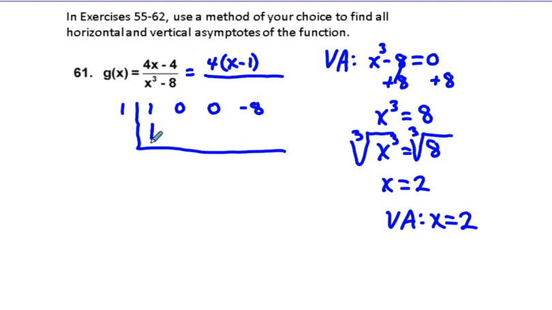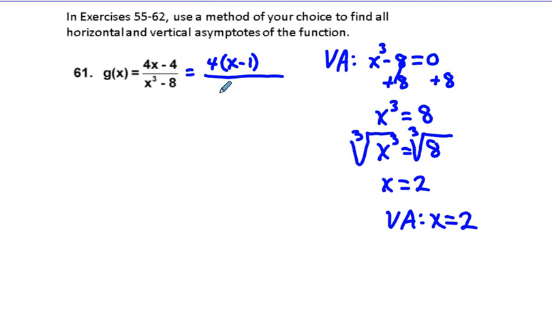If we don't come out with 0, we don't have a factor. 1 times 1 is 1, 1, 1 times 1 is 1, 1, 1 times 1 is 1, -7. So our remainder is not 0, and we're pretty sure that our vertical asymptote of x equals 2 is good.